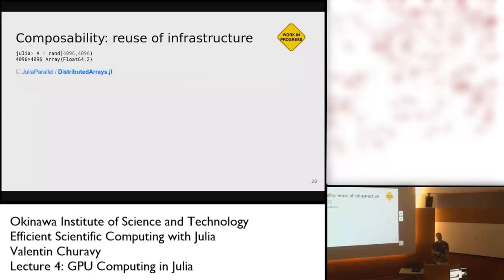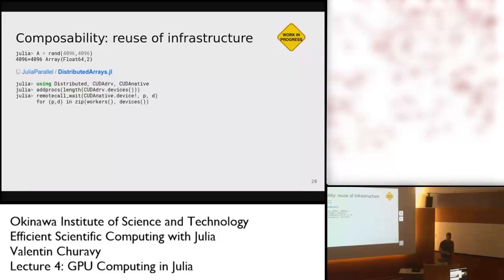DistributedArrays is a package that allows you to reason about data movement across multiple machines. And wouldn't it be nice if we could allocate GPU memory on multiple GPUs and then use it as if it was one?